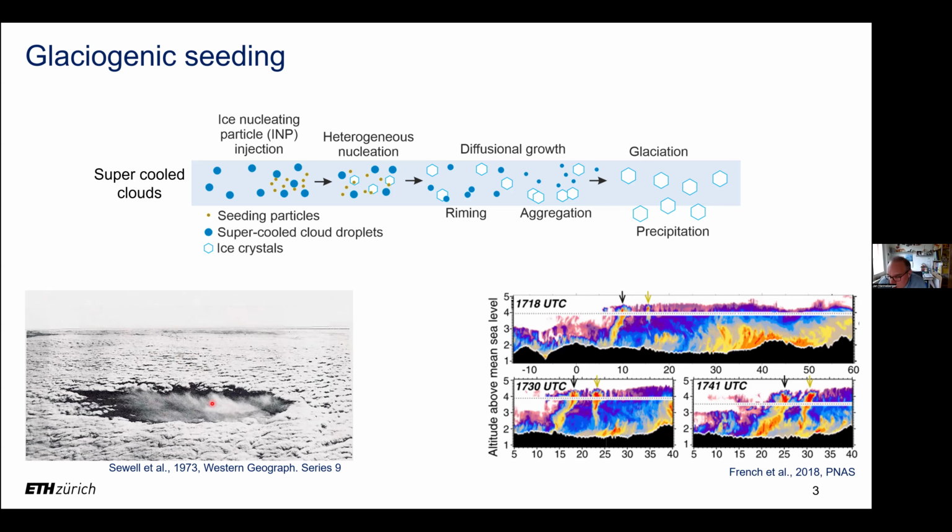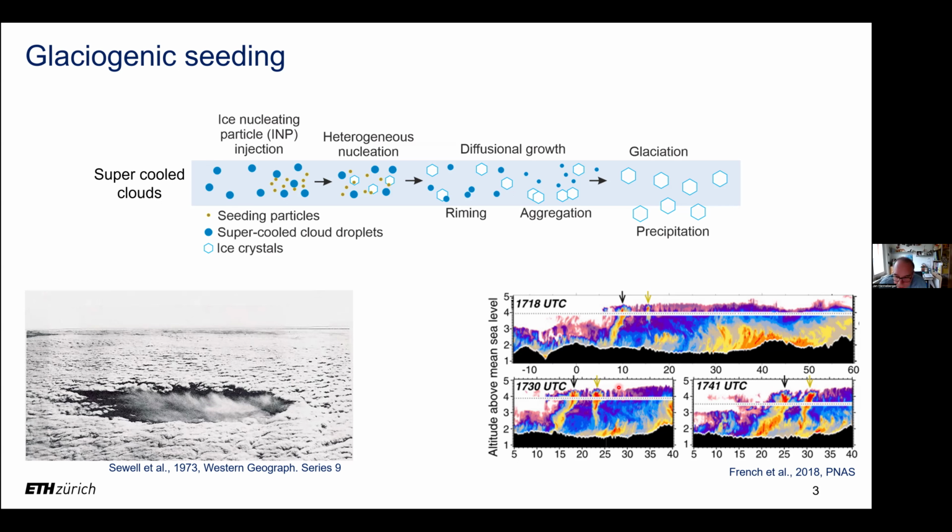It's also used for precipitation enhancement. That is an example from French et al. from the SNOWIE campaign, where they seeded over the Rocky Mountains in the US. And clearly there's radar reflectivity, and the seeding signal is marked with an arrow, and you nicely see where the seeding produced stronger reflectivity, so larger ice crystals, and also formed precipitation.